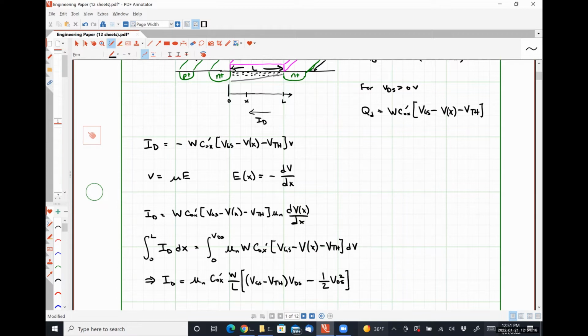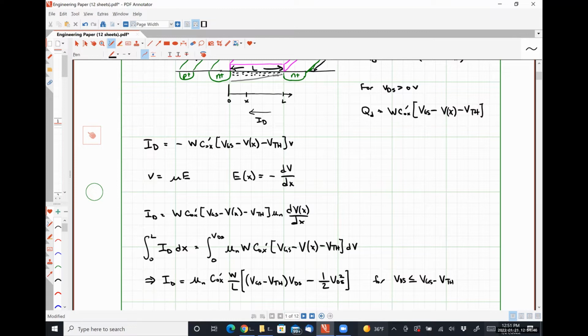This is valid for VDS less than or equal to the quantity VGS minus VTH. This is one of the multiple current voltage relationships that we're going to have for a MOSFET transistor.